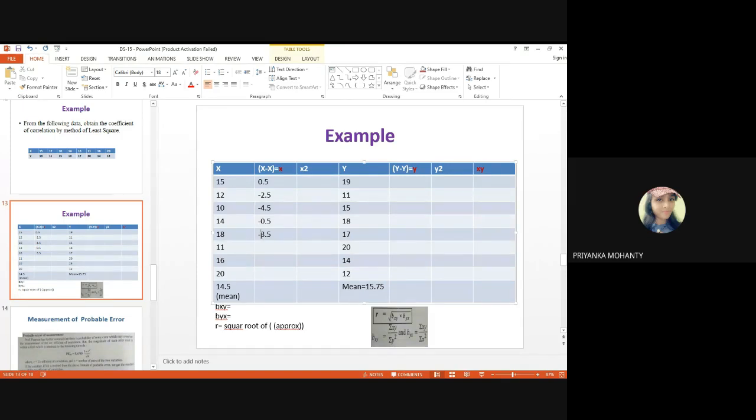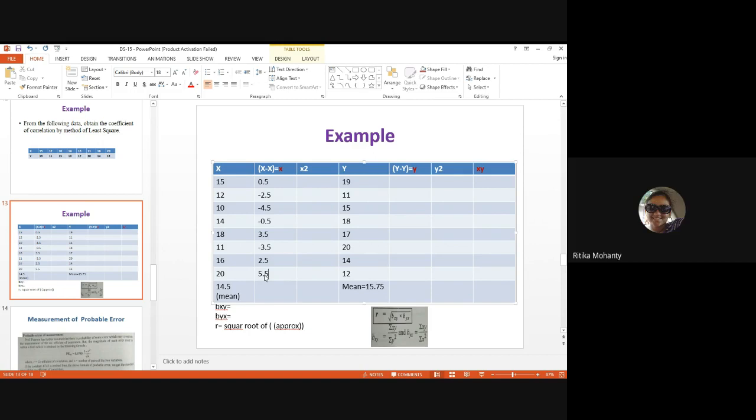18 minus 14.5, plus 3.5. The next is 11 minus 14.5, so minus 3.5. Moving to the next one, 16 minus 14.5 is 1.5. Next one, 20 minus 14.5, so 5.5.